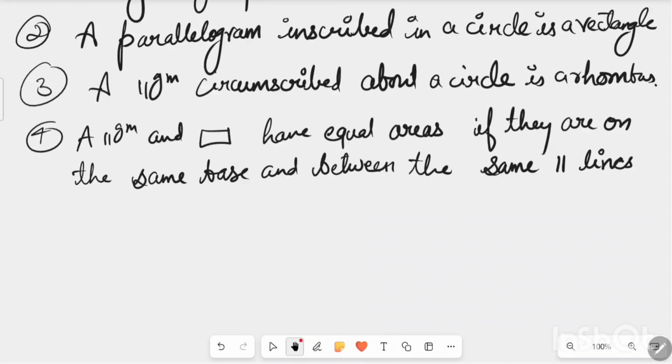Next is the sum of squares of the four sides is equal to the sum of squares of diagonals. This is a very important property.